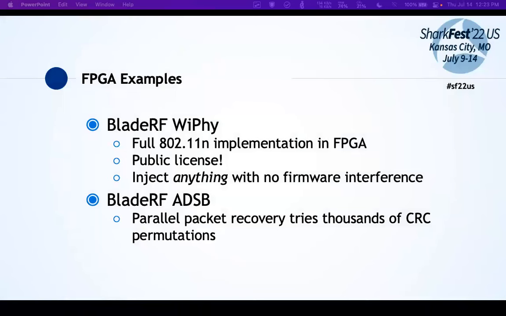But for some great examples, the BladeRF team has implemented full 802.11n in the FPGA. It's a public license. You can go download the HDL design files for the FPGA. I think you still need a 25 gig compiler just to build it, but the beauty of it is now there's an SDR-based Wi-Fi card that can sniff and inject anything that acts even slightly like a Wi-Fi frame with no interference from the firmware and exact timing without having to deal with waiting for the kernel transmitter or USB latency or anything.